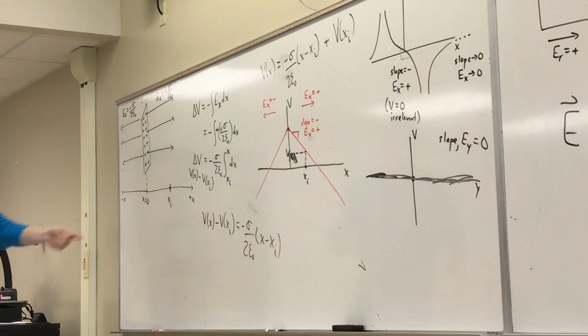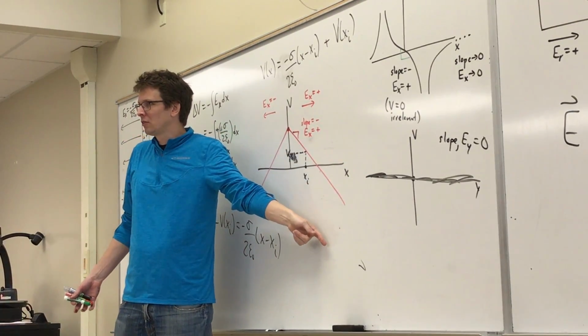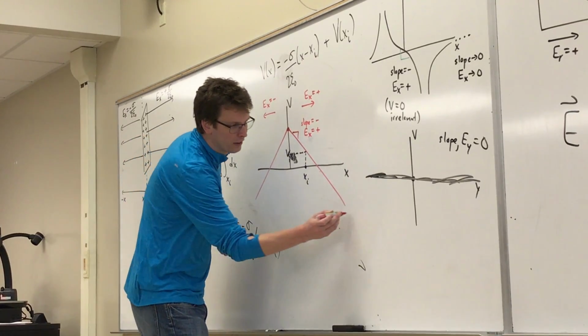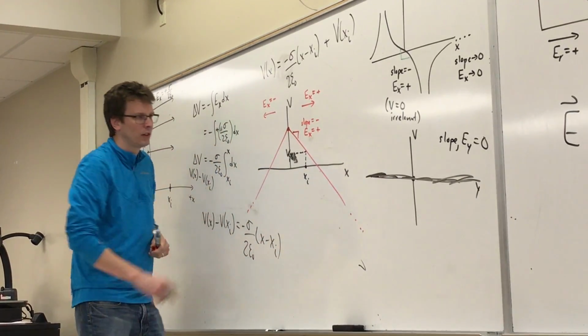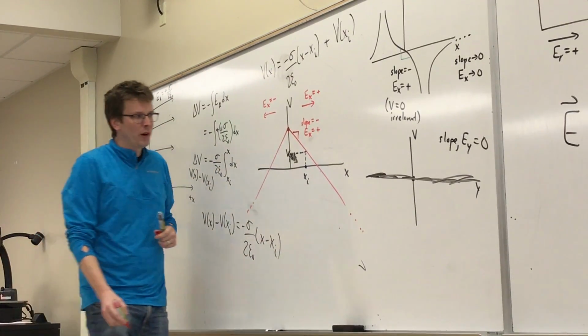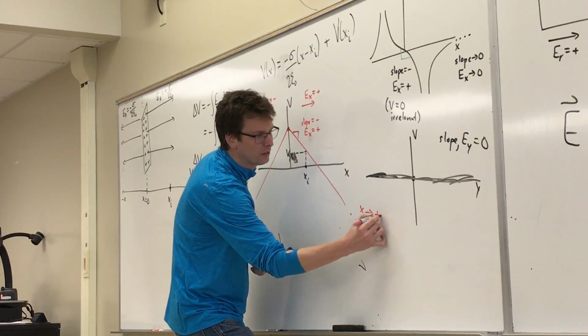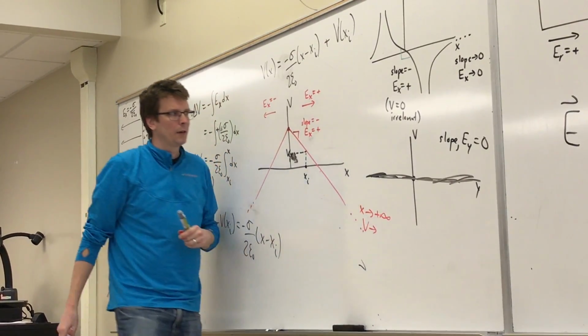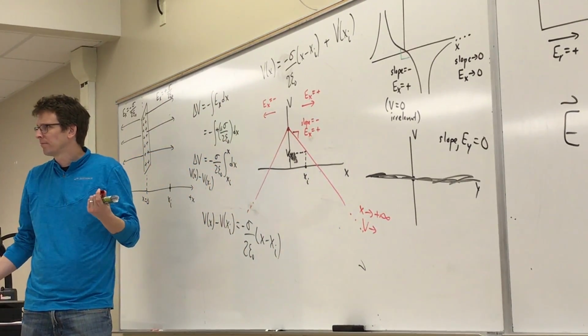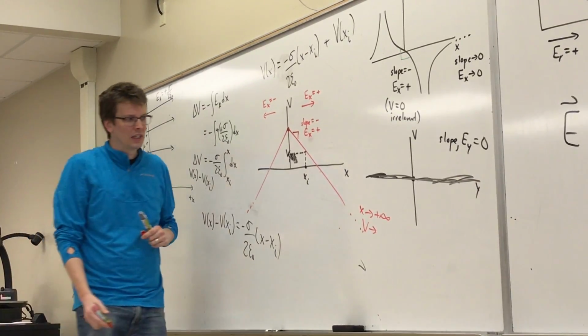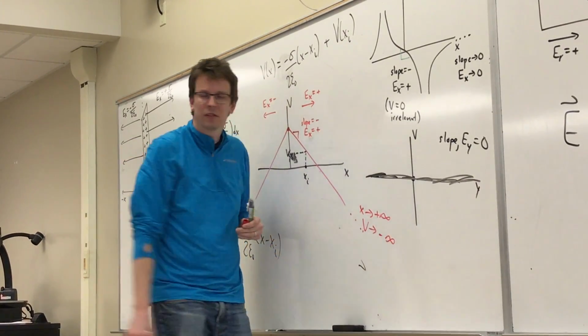We cannot ever possibly do that with a linear function. This will always go downhill. When we get really far away, as x goes to plus infinity, what's the voltage going to go to? Negative infinity. It drops forever.